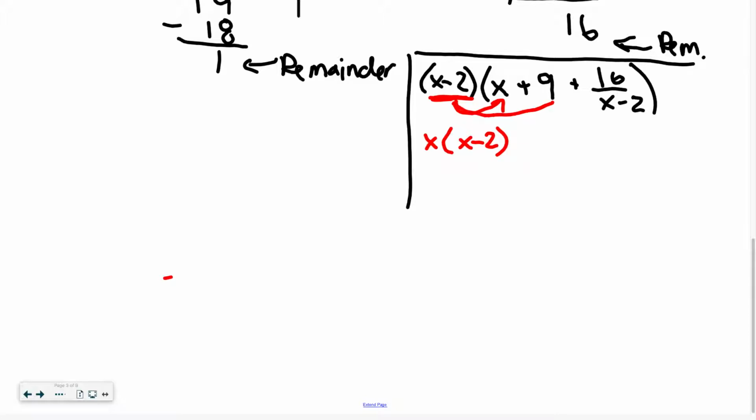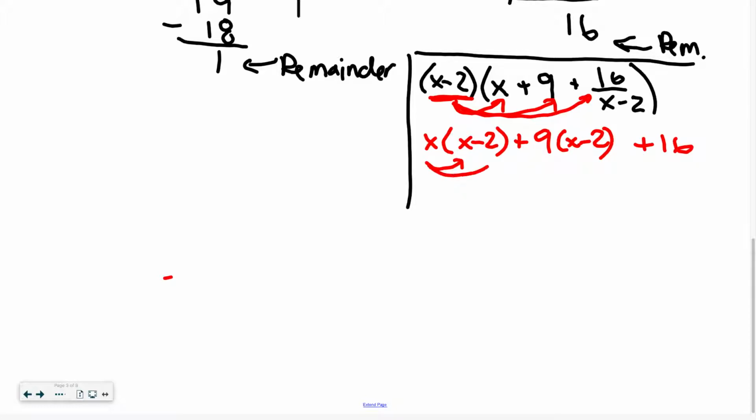And if I take x minus 2 times 9, I can write it like that, right? I'm just distributing that whole group of parentheses, so I will have to distribute here in a minute. But what happens when I take x minus 2 times 16 over x minus 2? The x minus 2's would cancel, and it would just be plus 16.